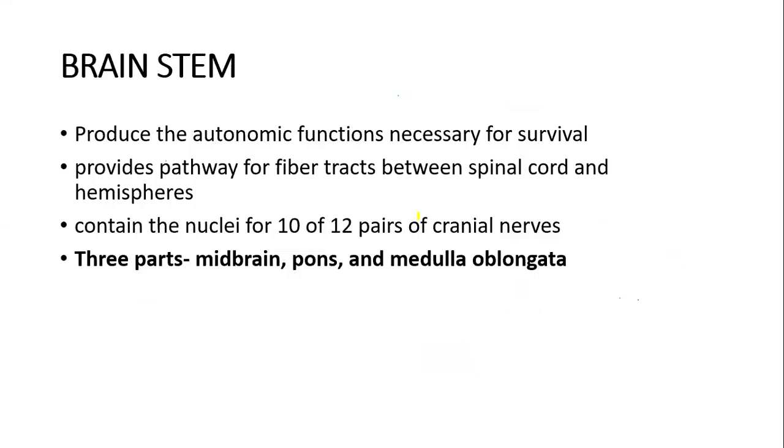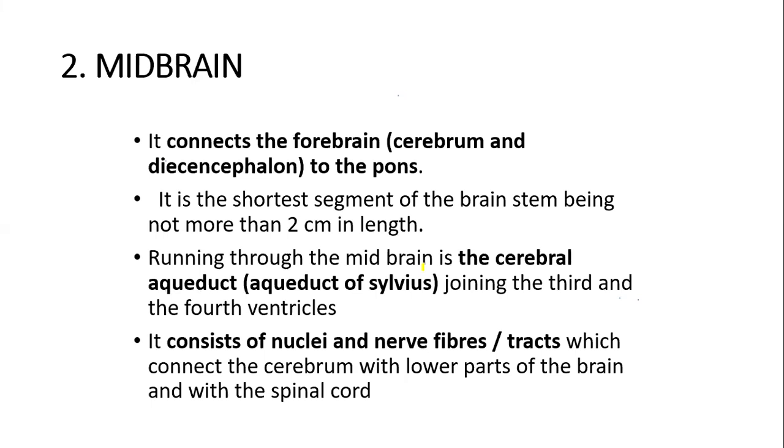Then the brainstem produces the autonomic functions necessary for survival, and provides a pathway for fiber tracts between the spinal cord and the hemispheres. It contains the nuclei of cranial nerves 3 to 12. It consists of 3 parts: the midbrain, the pons, and the medulla oblongata. The midbrain connects the forebrain.